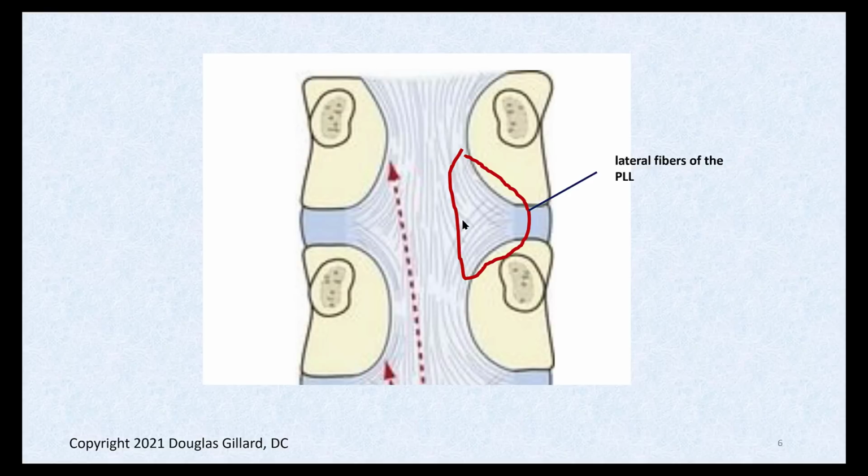This is a more realistic drawing. It's kind of hard to really see a difference between the main body and these kind of side fibers here. Of course, is this A to P or P to A view? P to A, because we've cut the pedicles here.